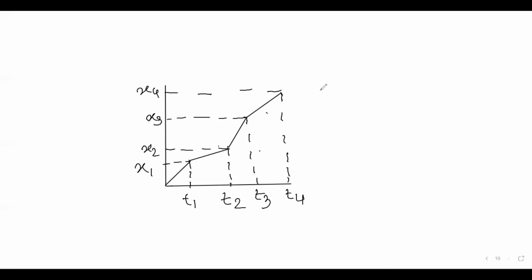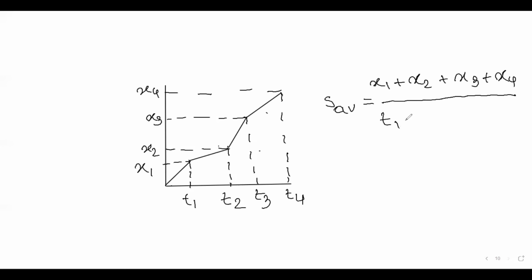So we can write average speed S as x1 plus x2 plus x3 plus x4, divided by the total time, that is t1 plus t2 plus t3 plus t4. Okay, so this is the formal definition of average speed.